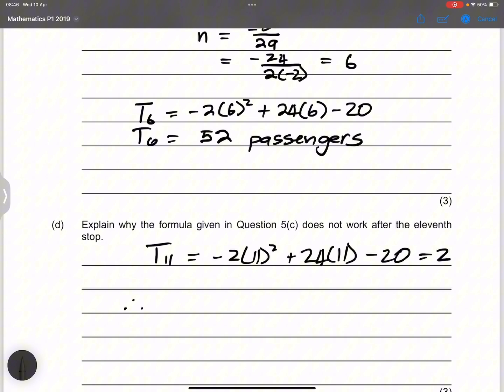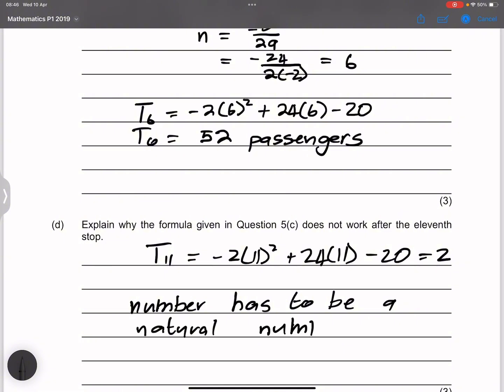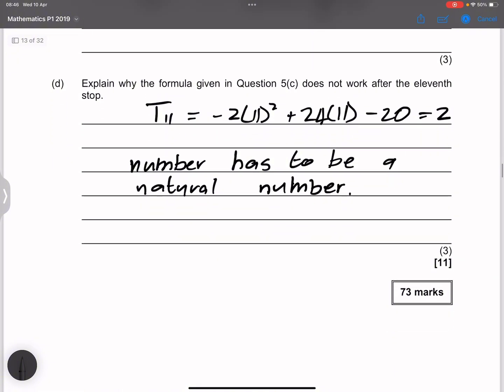So I will say the number of passengers has to be a natural number. So at t equals 12, we got a value of negative 20, which is impossible. You cannot have negative 20 people.